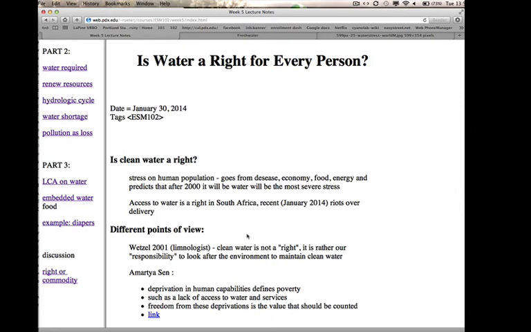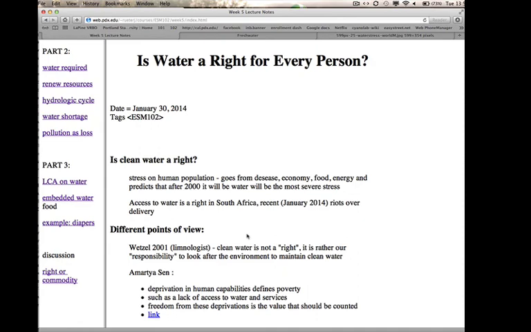Do they get this amount of water? Do they have an absolute right to it? Is it a human rights violation if they don't get it? Or is it sort of a market failure that should be addressed with some sort of financial or economic solution? So that's a question beyond accounting, but accounting sets up what the categories of water are, where they come from, and what the quantity and quality of water is that we're talking about.